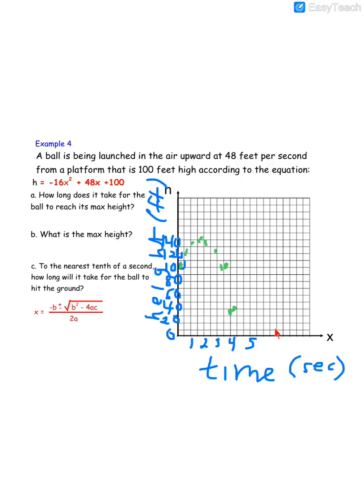And somewhere between 4 and 4.5, it's going to hit 0. So I'm going to connect this. This graph is pretty horrific. I hope yours is a lot better than mine is. And I'm going to label this h of x.